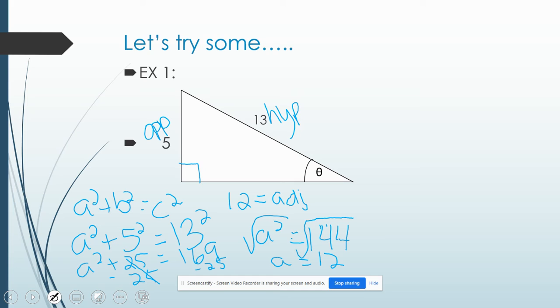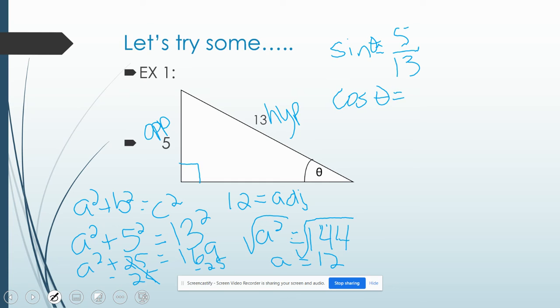All right, so starting with sine, opposite over hypotenuse. And that's it. That's all I'm writing. You just want to write the opposite side is 5, the hypotenuse is 13. Done. That's our sine of theta.